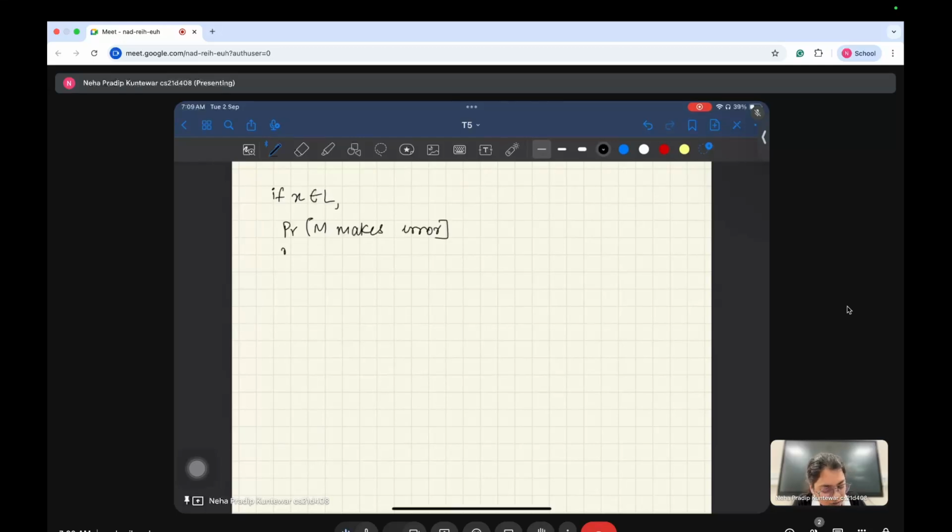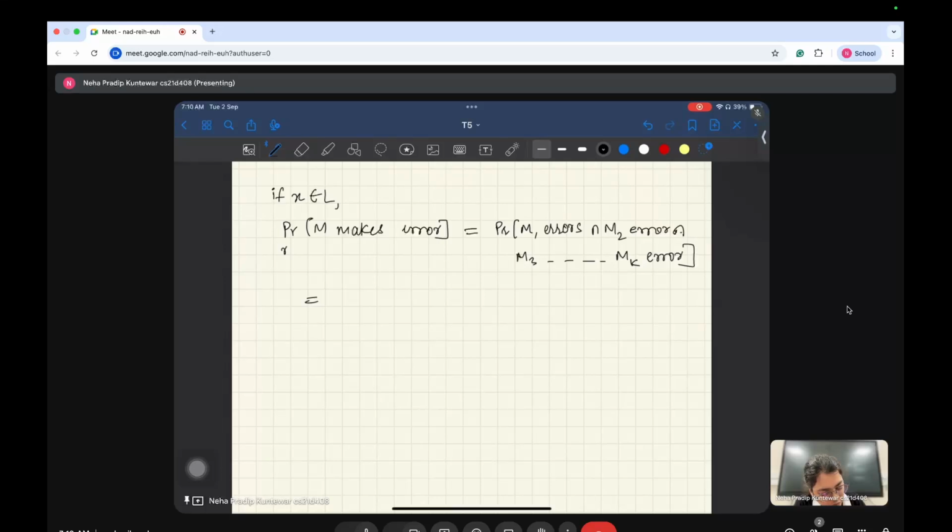It can only happen if M1 made an error by saying that it rejected, and M2 makes an error, and M3 makes an error, and so on, all the machines up to Mk make an error.